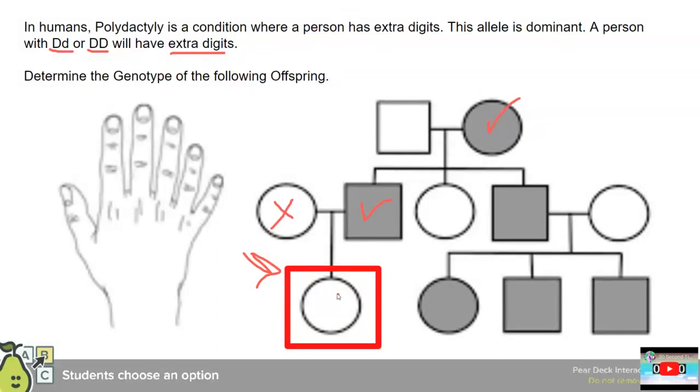This person is not affected. If I know that this person is not affected, it cannot be heterozygous dominant or homozygous dominant. This offspring has to be recessive for both alleles, because it does not express the dominant trait. So this one is going to be homozygous recessive.